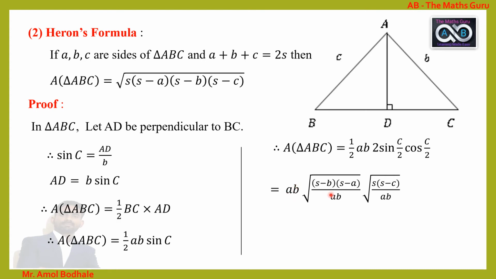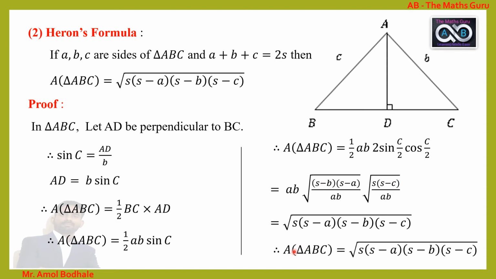So this ab and this ab will go cancel. So we get in square root s into s minus a, s minus b, s minus c, that is the product of these two terms. Hence we proved the area of triangle ABC is equal to square root of s into s minus a, s minus b, s minus c.